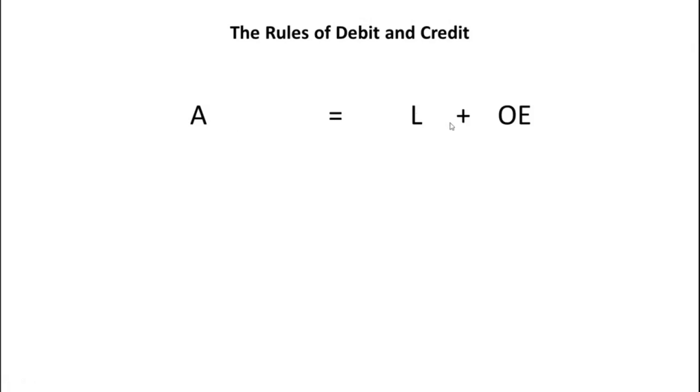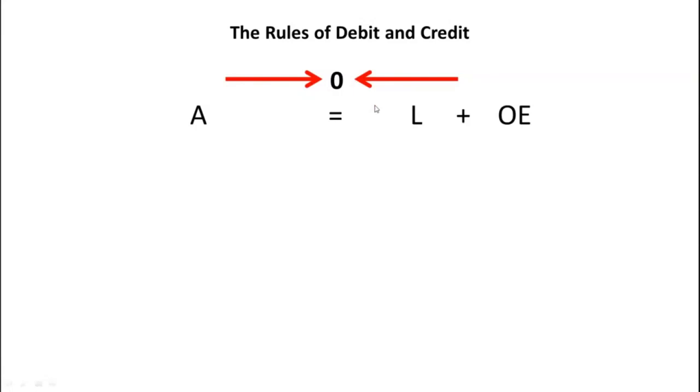And let's do this. Let's put a 0 up above that equal sign. And let's say that anytime that we want to reduce something on the asset side, we're going to go towards that 0. And anytime that we want to reduce something on the other side, on the liability owner's equity side, we're also going to go towards the 0.